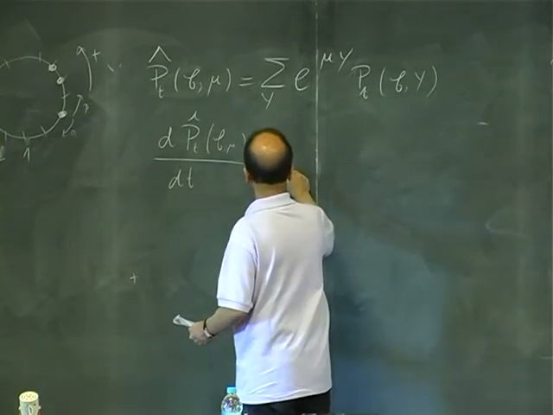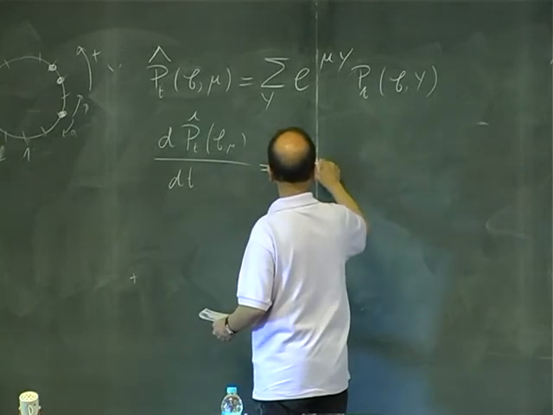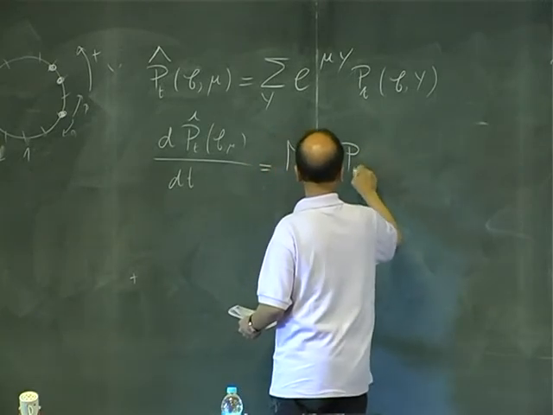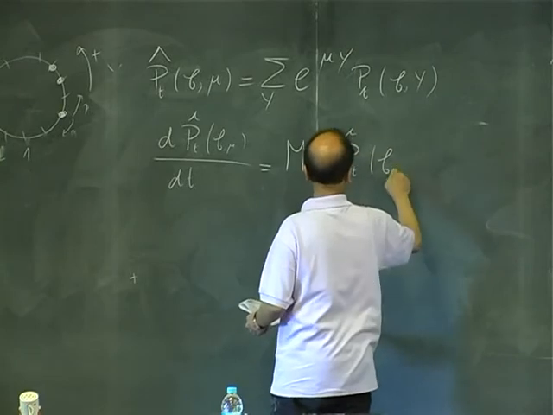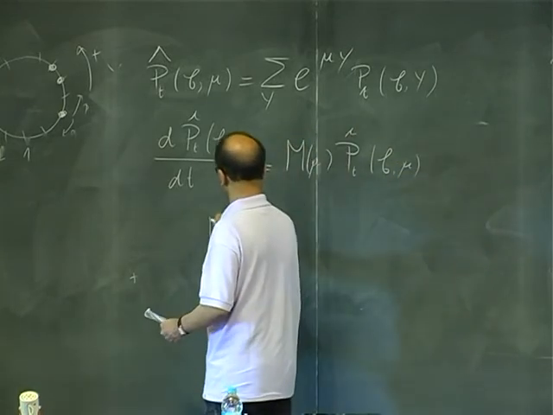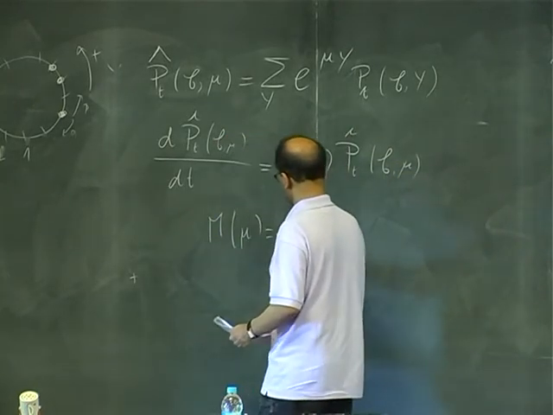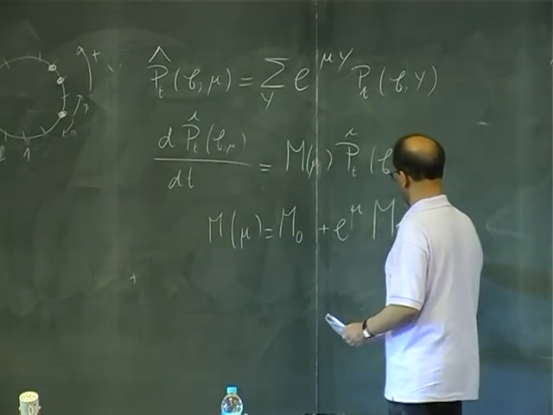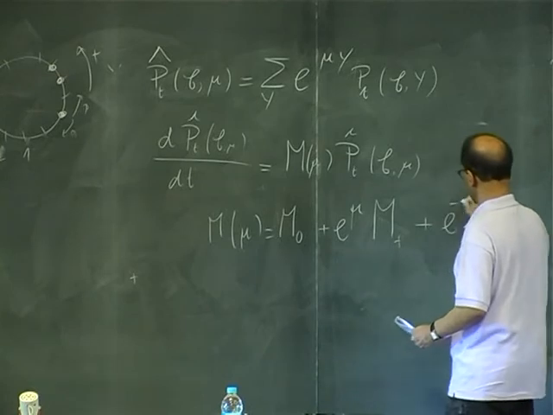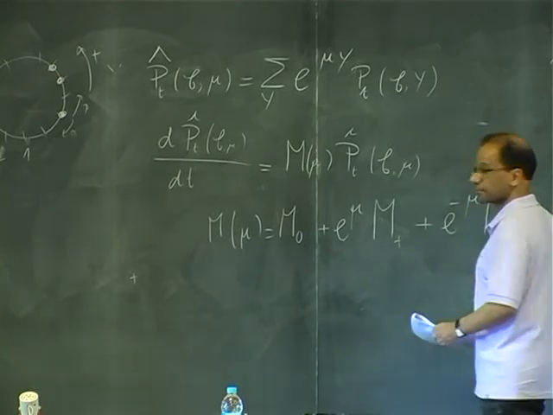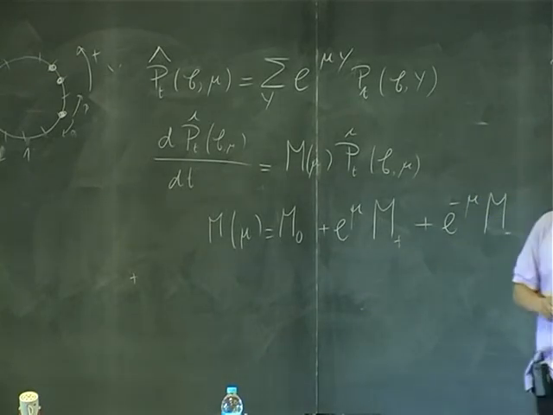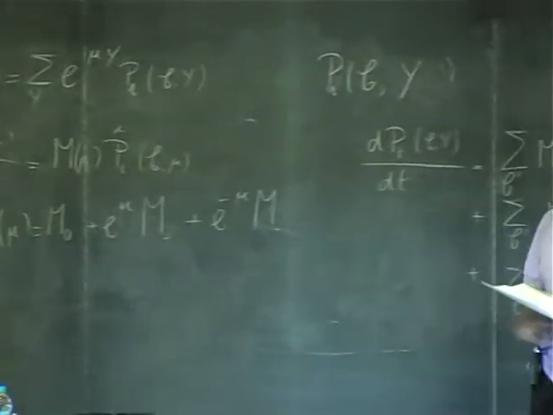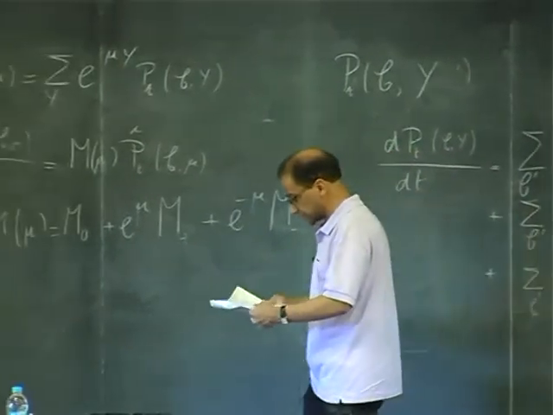It will satisfy an equation like that: m of mu times p_t hat of c and mu, with m of mu equal to m0 plus exponential mu m plus plus exponential minus mu m minus. Just do it. This is very simple.